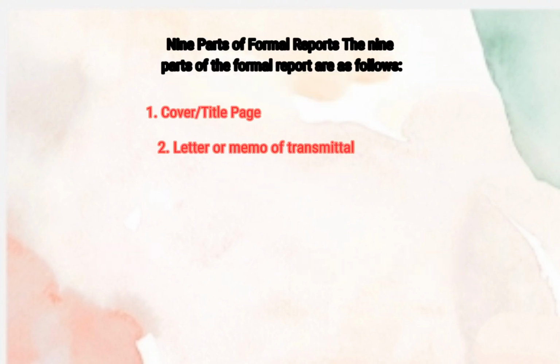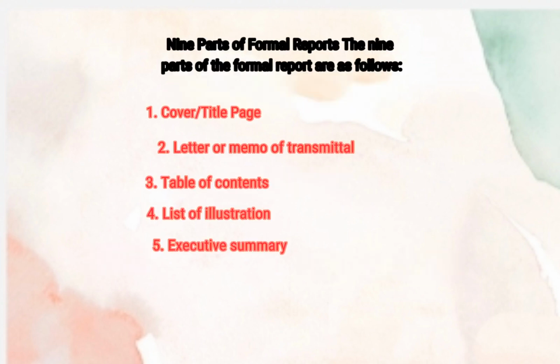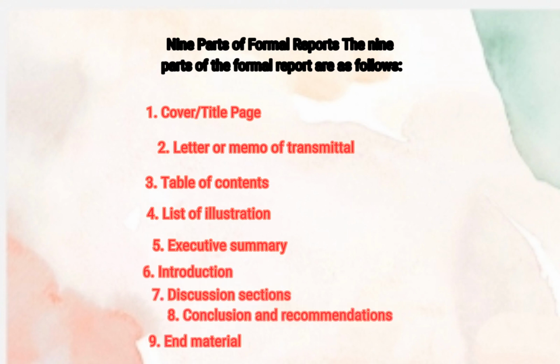Here are the 9 parts of formal reports: the cover or title page, the letter or memo of transmittal, table of contents, list of illustrations, executive summary, introduction, discussion sections, conclusions and recommendations, and end materials.